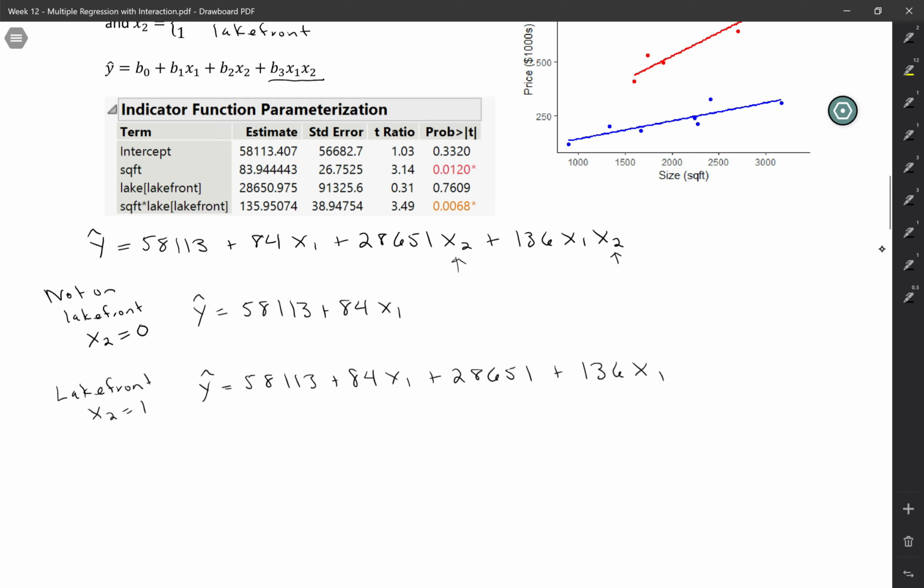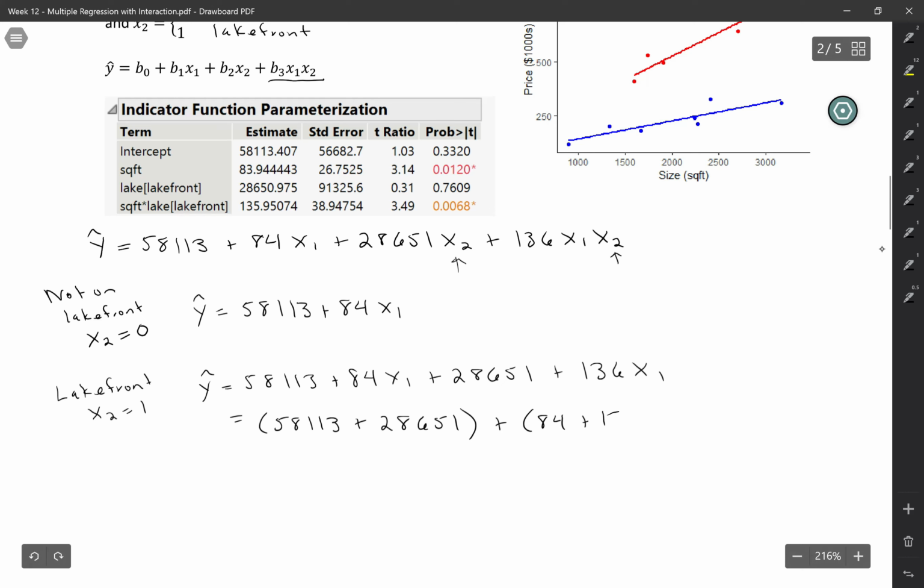So let's show that step to think about combining these terms. I'm combining the original intercept, the intercept for the baseline group, and adjusting it using the coefficient for location. I can think of that number as an adjustment for the intercept. Then I do the same thing here: I've got the original slope, the one for the baseline group, and I'm adjusting it for the lakefront houses.